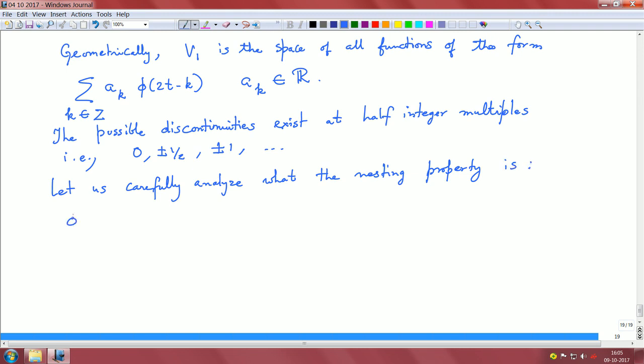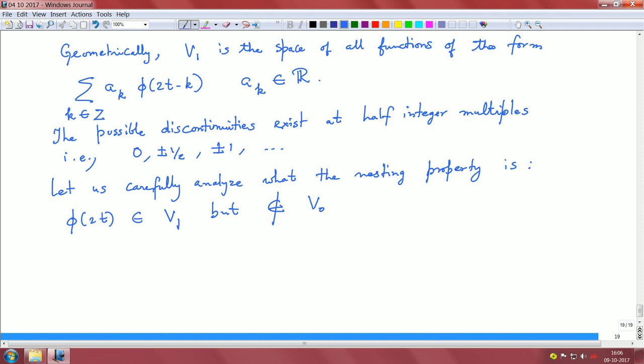Now phi of 2t belongs to V1, but does not belong to V0, right. What is V0?